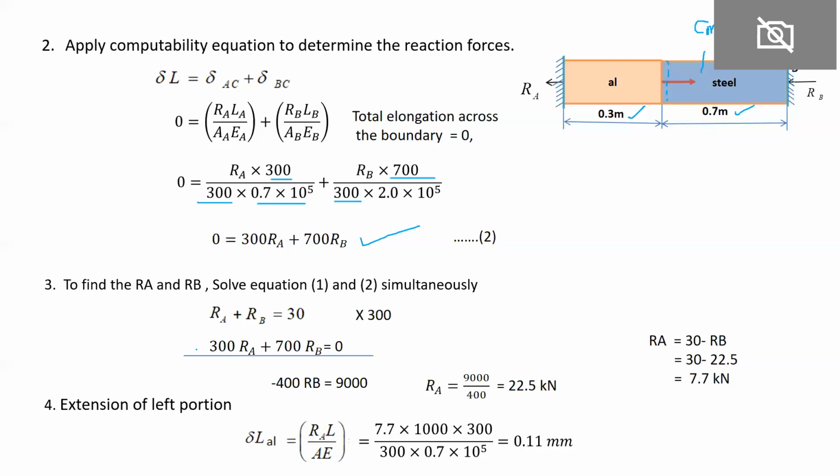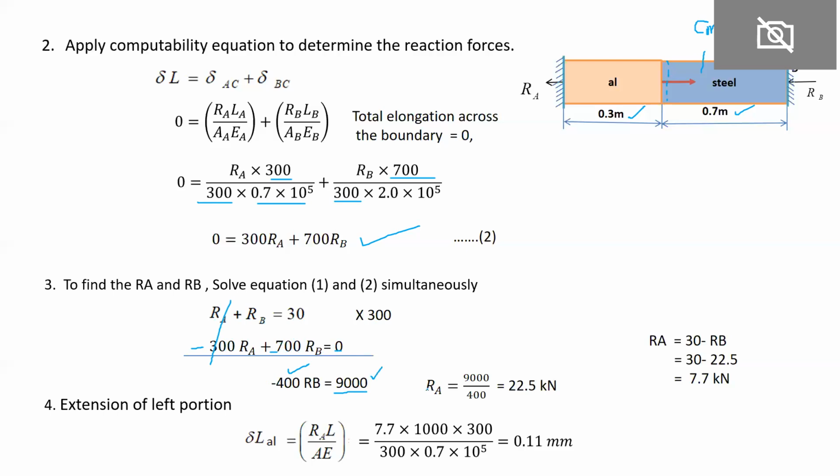Then change the sign: minus, minus, and here it is minus. So 300 RA and 300 RA get cancelled. Here 300 RB is positive, minus 700 means minus 400 RB. Here 30 into 300 is 9,000, and this is 0, so you will get 9,000.